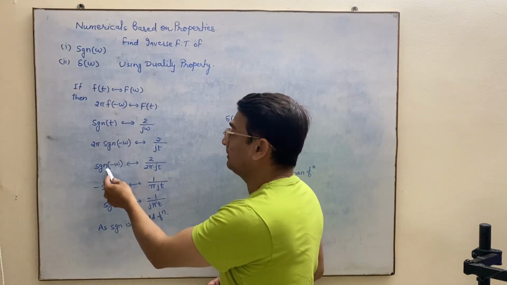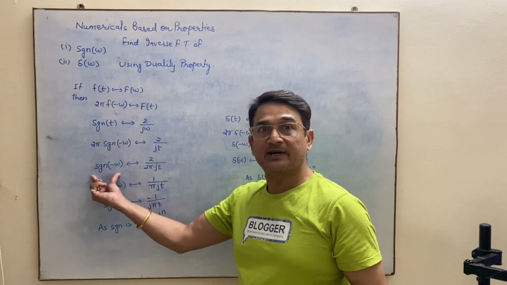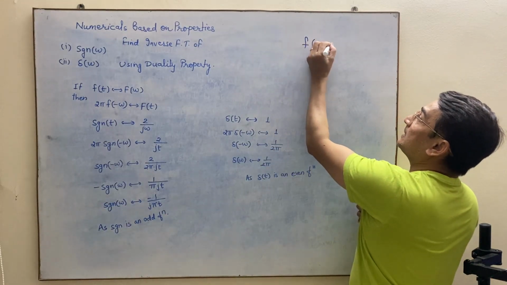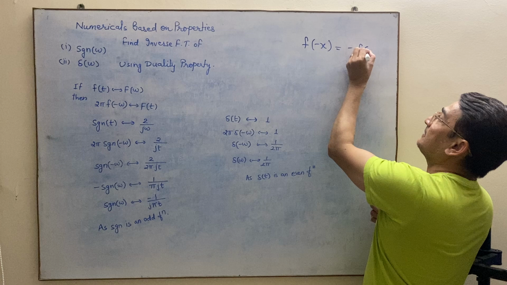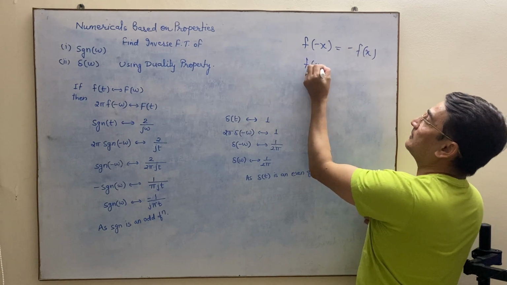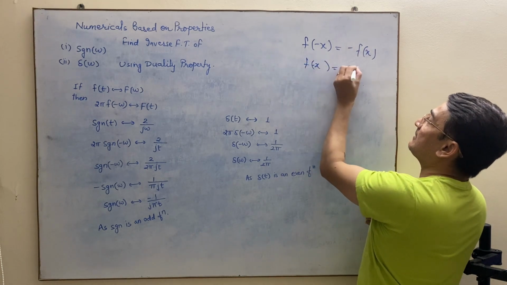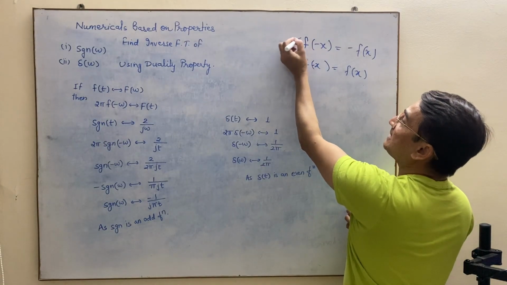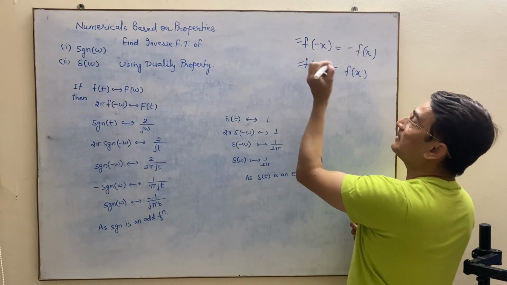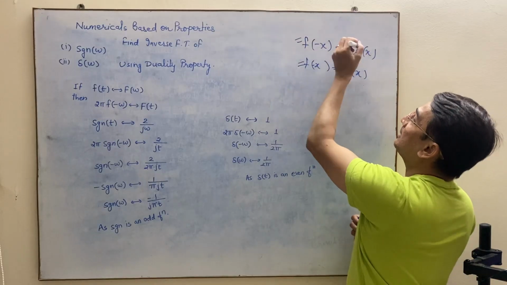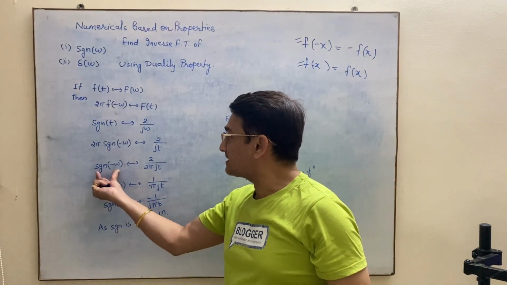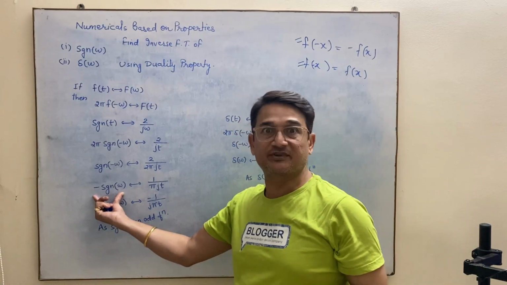Now, signum of minus omega: f(minus x) is equal to minus f(x) and f(minus x) is equal to f(x). These are the two mathematical conditions. If the function is an even function, the second will hold; if the function is odd, the first will hold. The signum function is an odd function, so signum of minus omega will be minus signum omega.